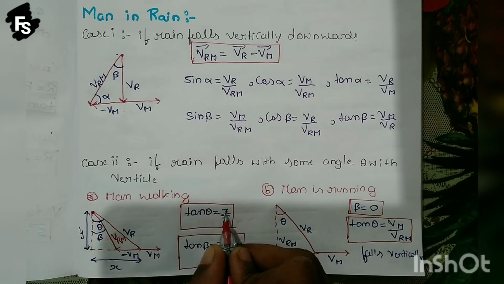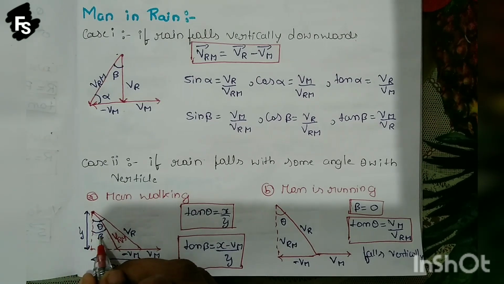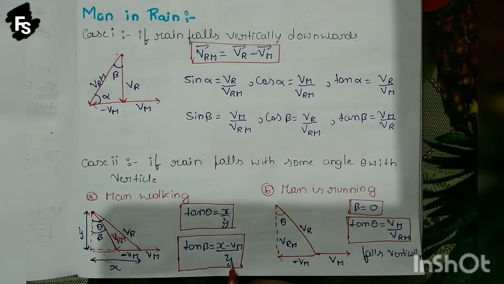Then if you want to find beta, tan beta is equal to x minus Vm by y.